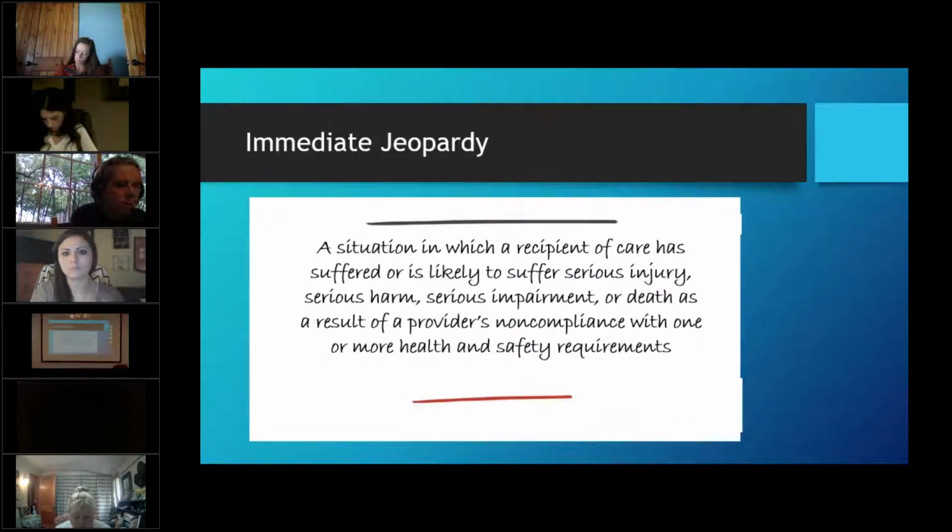Immediate jeopardy: a situation in which a recipient of care has suffered or is likely to suffer serious injury, harm, serious impairment, or death as a result of a provider's noncompliance with one or more health and safety requirements. So, is likely to suffer serious injury, harm, impairment, or death. Okay. Or they have suffered it.